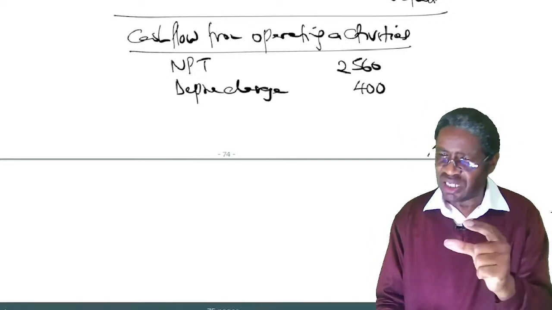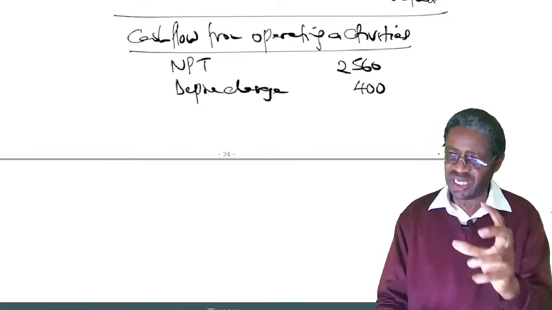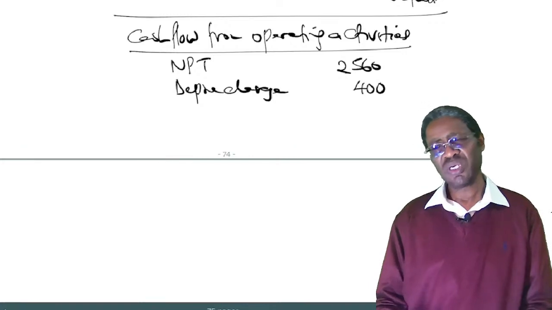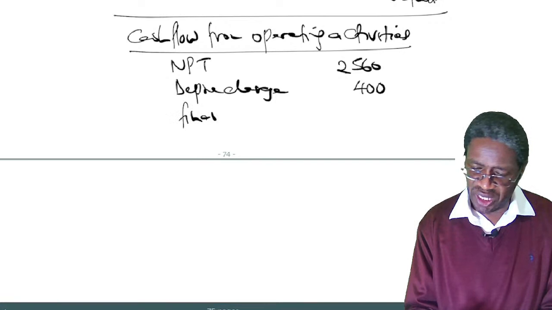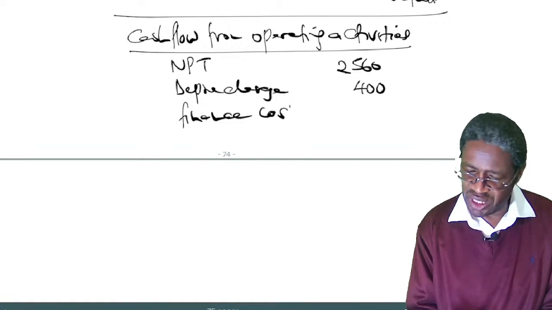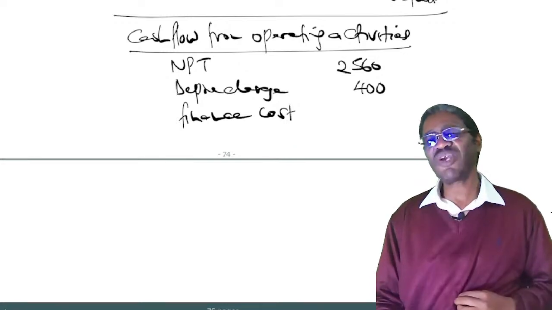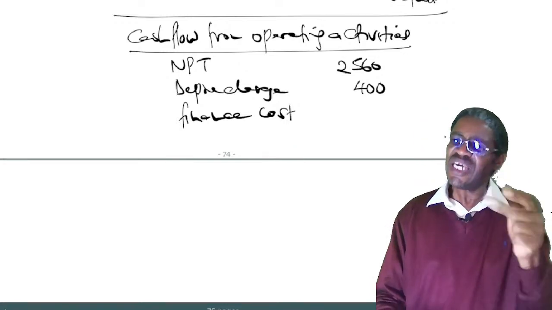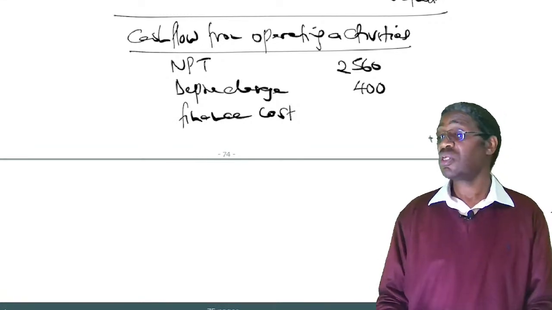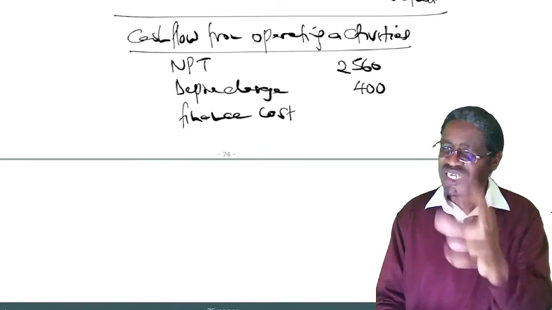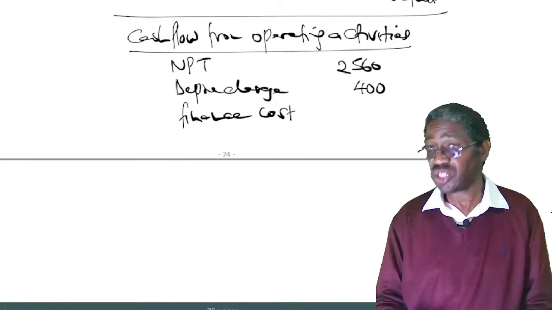The other non-cash item that we said you must find in any question of cash flow is what we were calling finance cost. I am just picking them because I hope you still remember them. Whatever you charged in the income statement as the charge for the year for finance cost, we said that amount is a non-cash item.